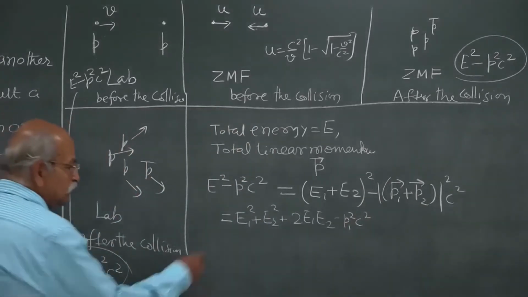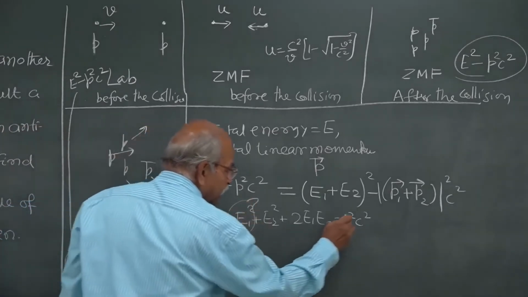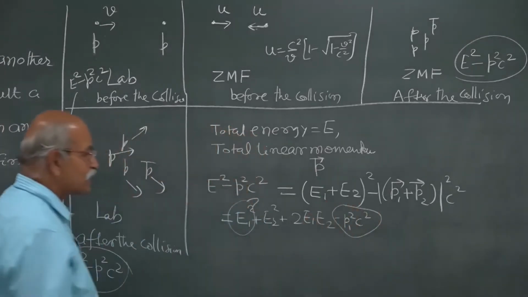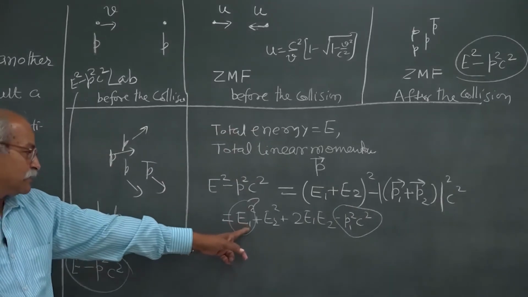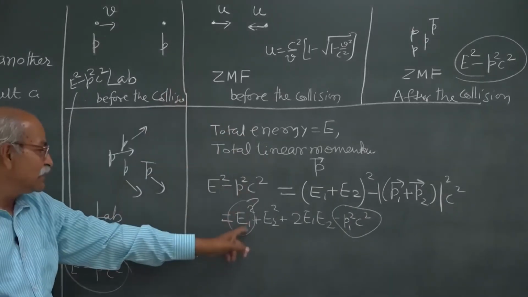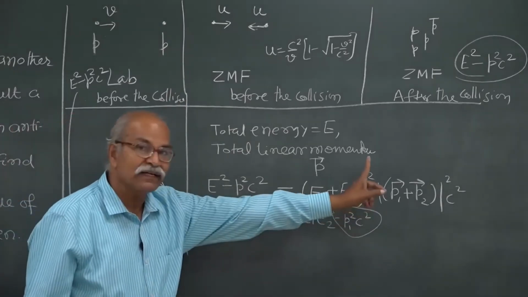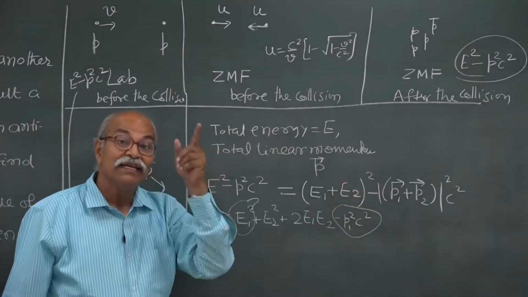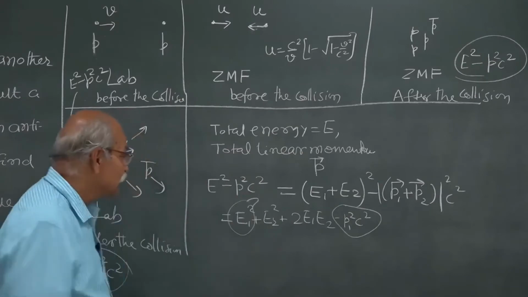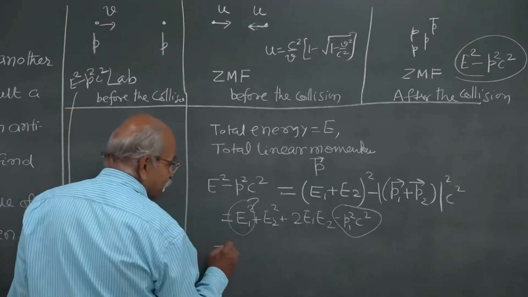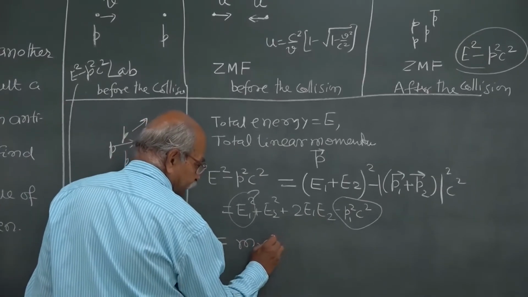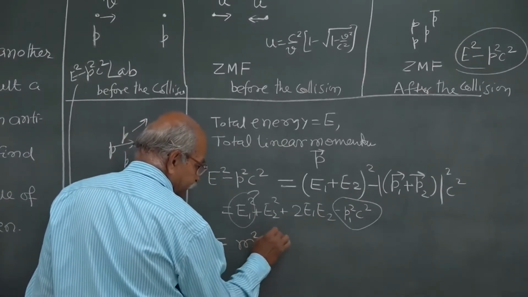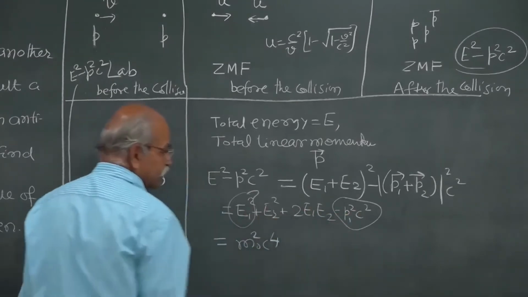So, E1 square minus P1 square C square, okay, is one particle now, one proton only. E1 square minus P1 square C square must be m naught square C4. So, these two together make m naught square C4, this minus this.